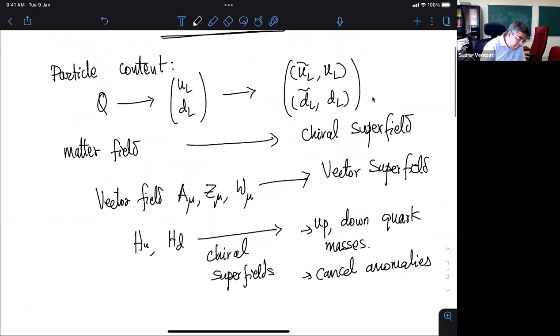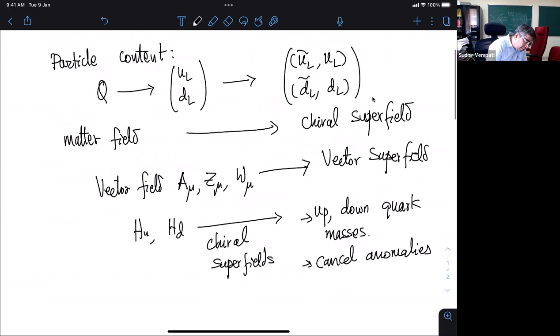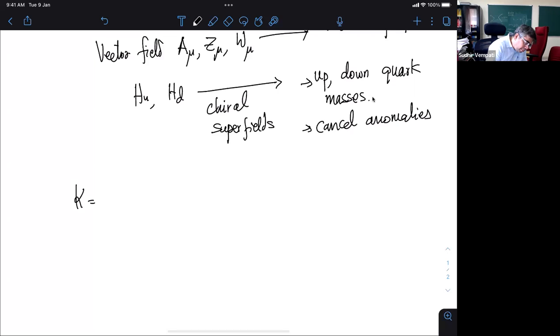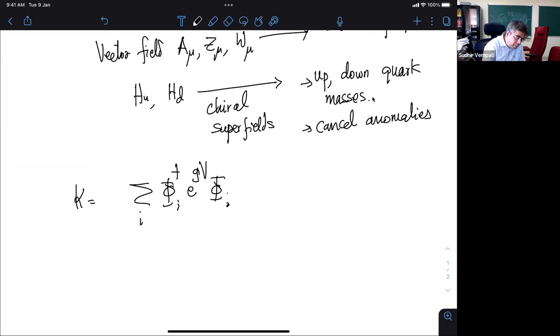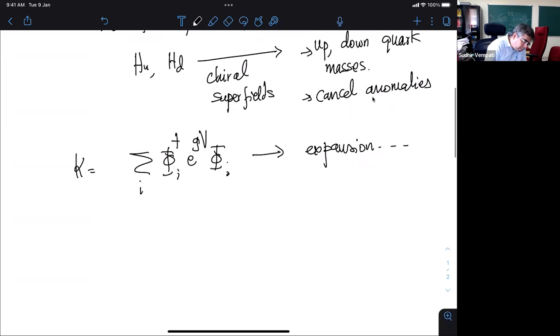Okay, so this is about the particle content, and then we started writing K, which is the sum over all the fields I, sum phi I dagger, e power gV phi I. We saw the expansion in the last class essentially. And then we also have the W. The W has two parts.